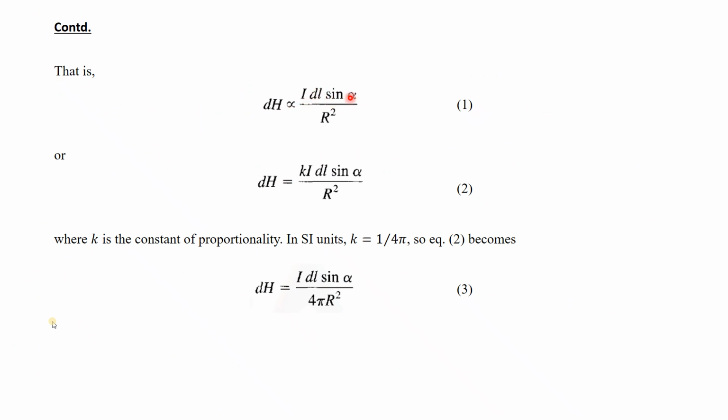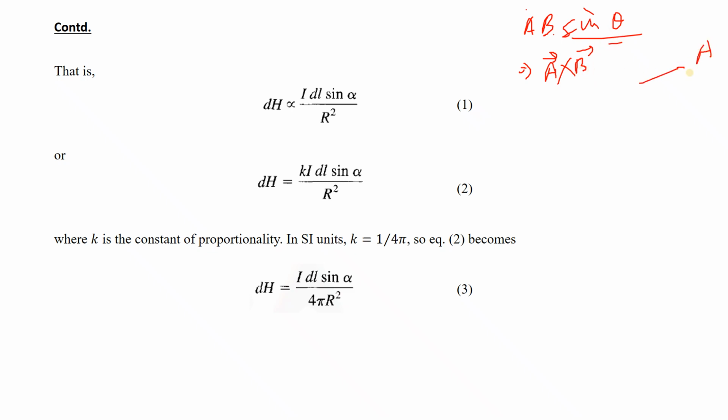Now suppose you have IDL sine alpha. What does sine mean here? It is some cross product, because suppose you write AB sine theta, where A is the modulus or magnitude of vector A, and B is the magnitude of vector B. So it is actually a cross product.